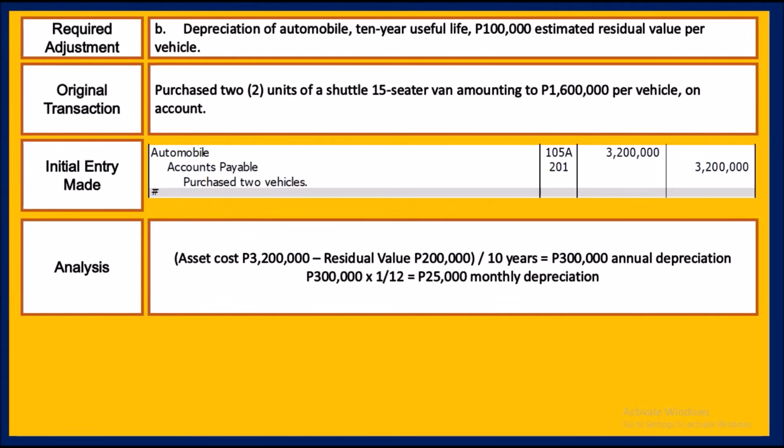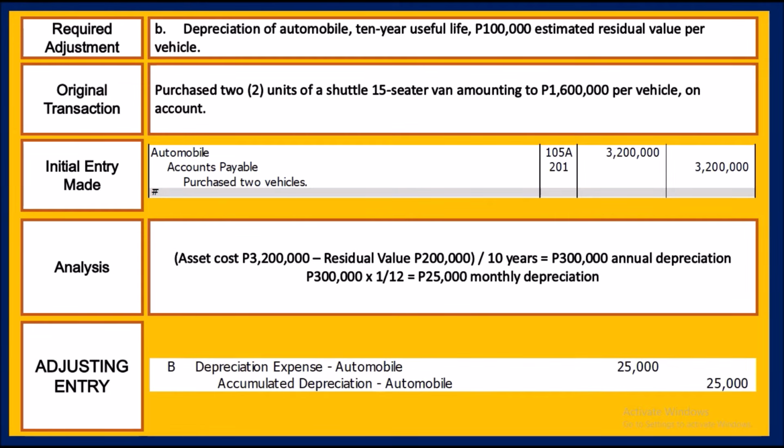However, we are reporting for only one month. So 300,000 times 1 over 12 gives us 25,000 pesos monthly depreciation. So we will use the entry debit depreciation expense for the automobile of 25,000 and credit accumulated depreciation for the automobile also amounting to 25,000.